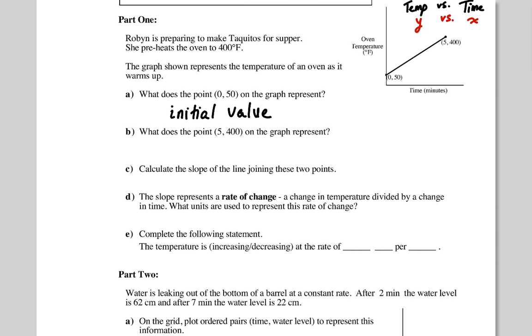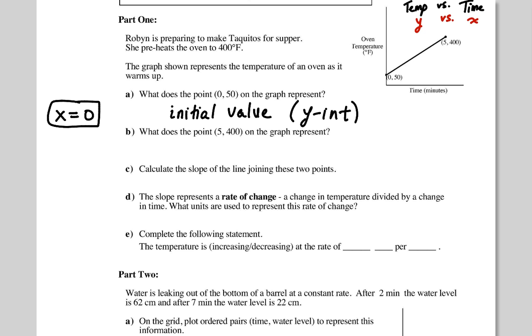And in math on that graph, it's represented by the y-intercept. It's the y-intercept because the x component is 0. So that might be room temperature. It's Fahrenheit, so I think 32 Fahrenheit is freezing. So it's probably room temperature.